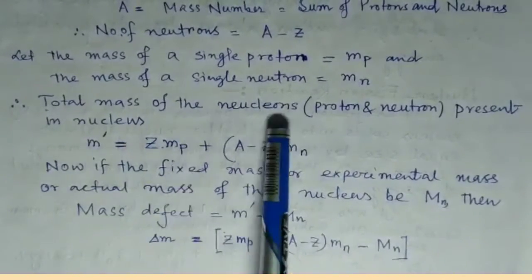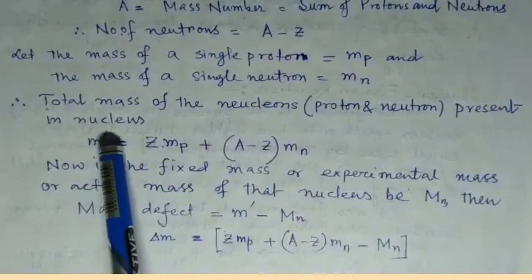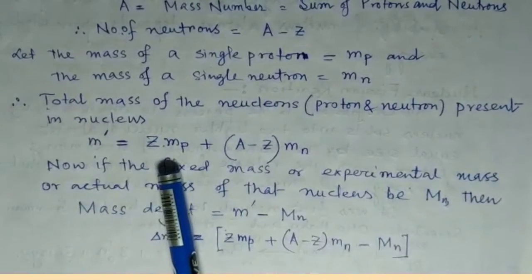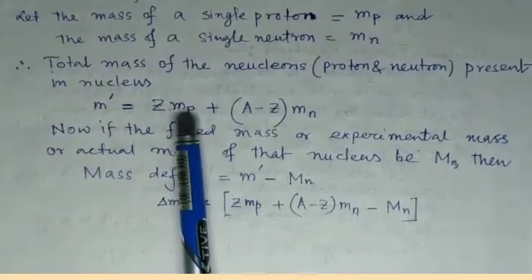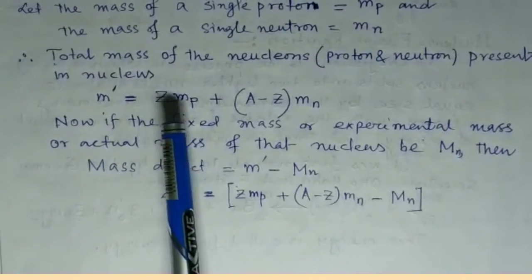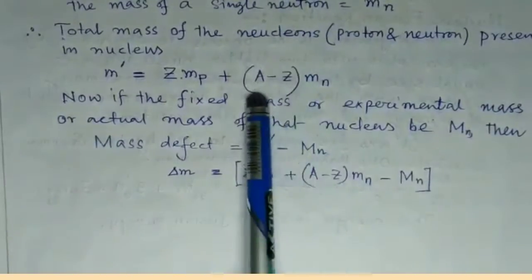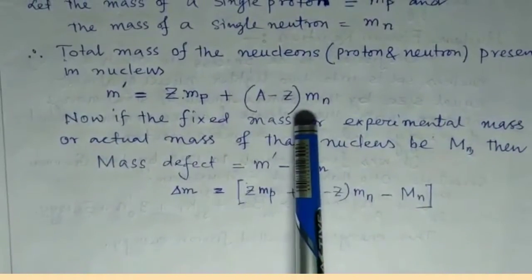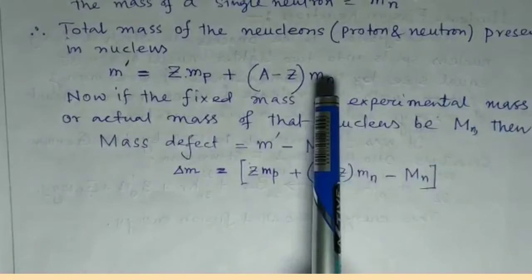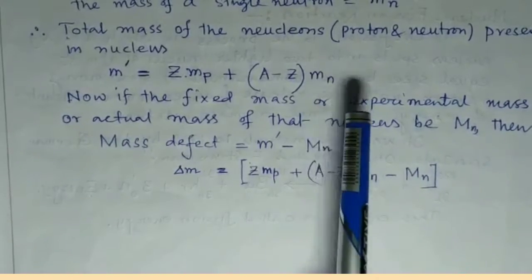So the total mass of the nucleons, M dash, is equal to the atomic number times the mass of a proton, that is Z Mp, plus the number of neutrons, A minus Z, times the mass of a single neutron, Mn.